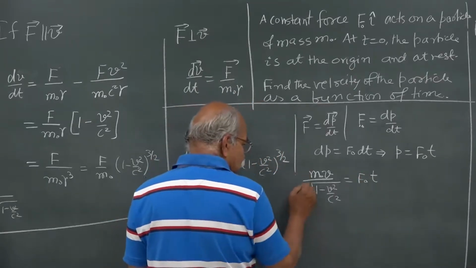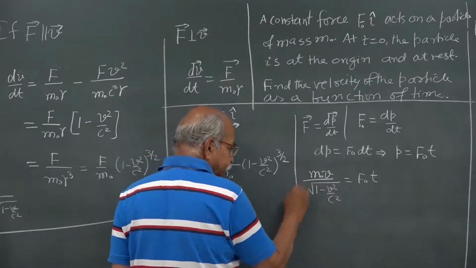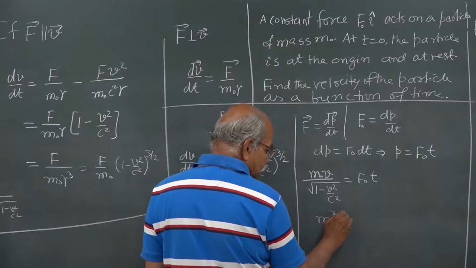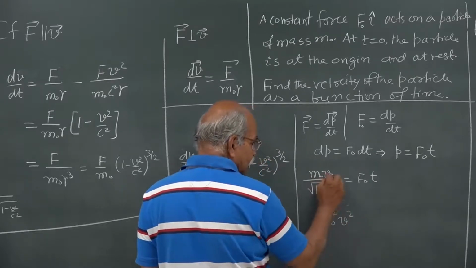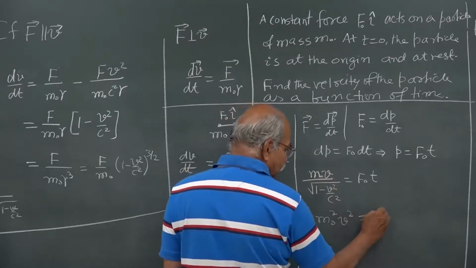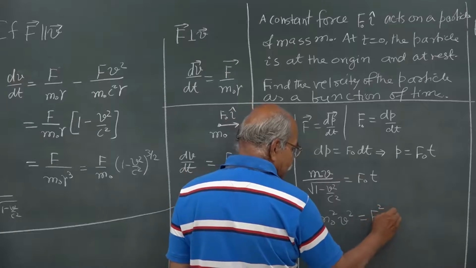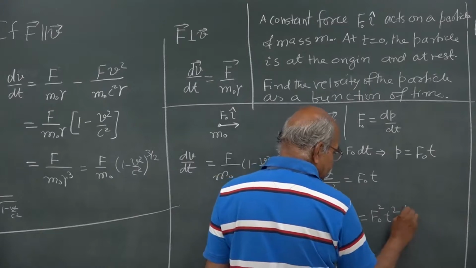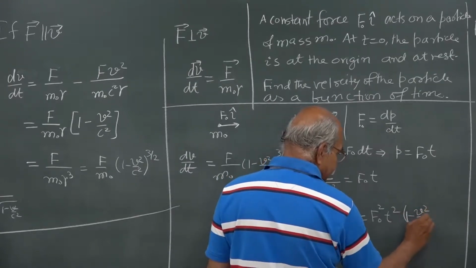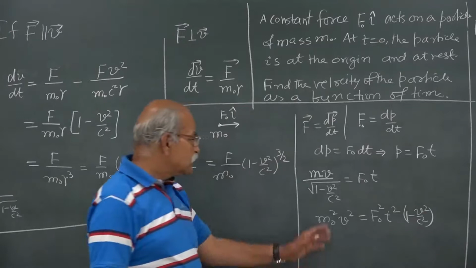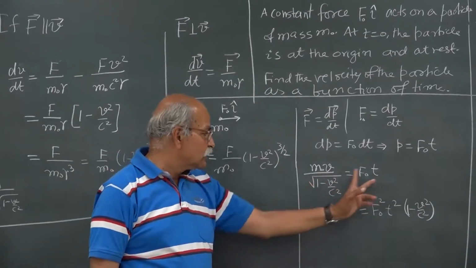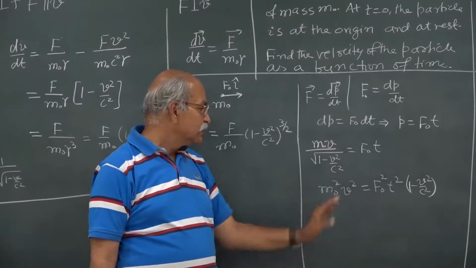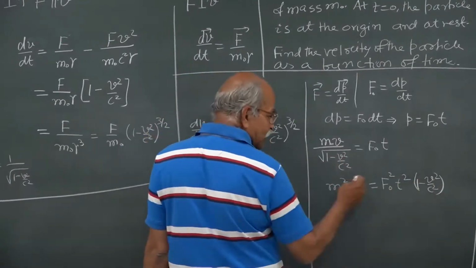Hence you can write m naught square v square is equal to F naught square t square multiplied by (1 minus v square by c square). Square both sides and take this to the other side. Collect the v square terms together.